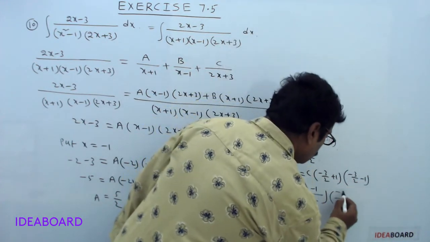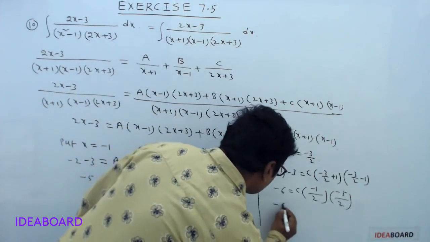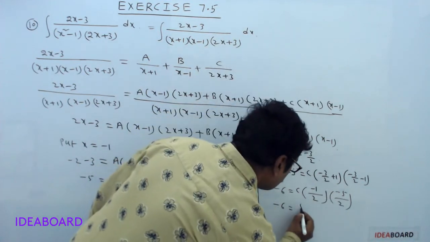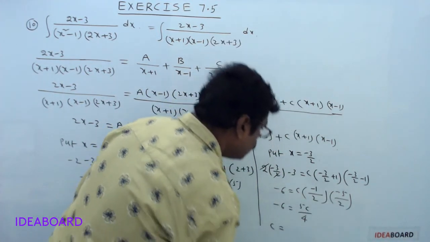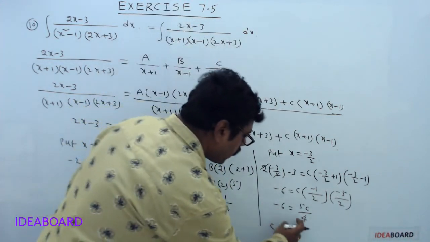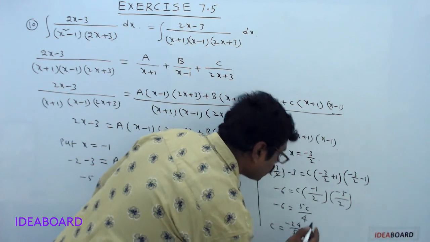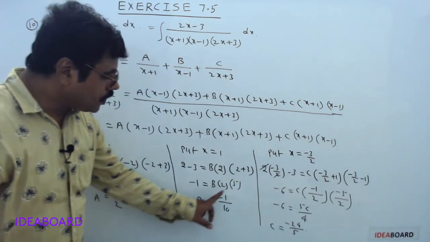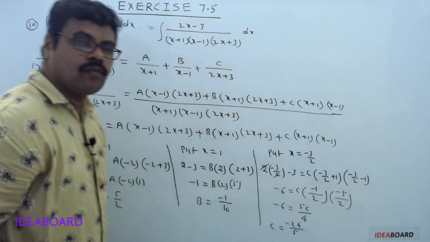Minus 3 minus 2, that should be minus 5. So minus 6 equals, minus into minus plus, 5c divided by 4. Therefore c value is minus 24 divided by 5. So a value 5 by 2, b value minus 1 by 10, c value minus 24 divided by 5.